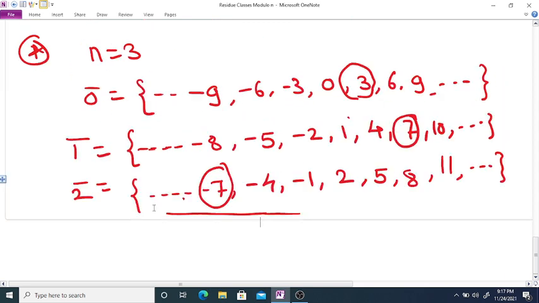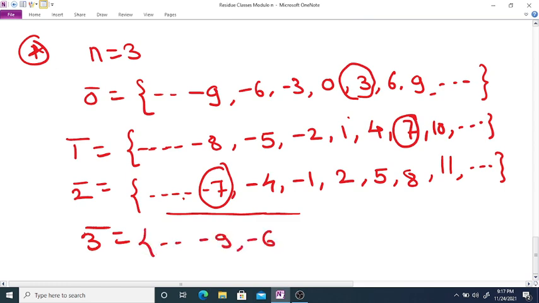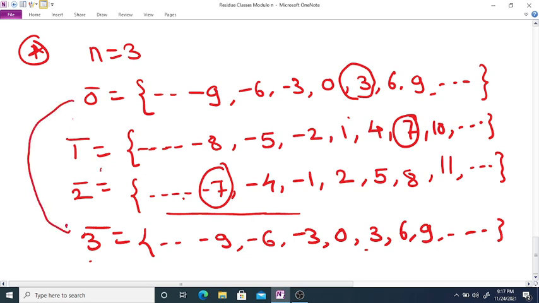Next, if we try to determine 3 bar, then 3 bar is again minus 9, minus 6, minus 3, 0, 3, 6, 9, and so on, because the difference of these numbers with 3 is a multiple of 3. So all these numbers are congruent modulo 3. Now you can observe here that 0 bar is the same as 3 bar.